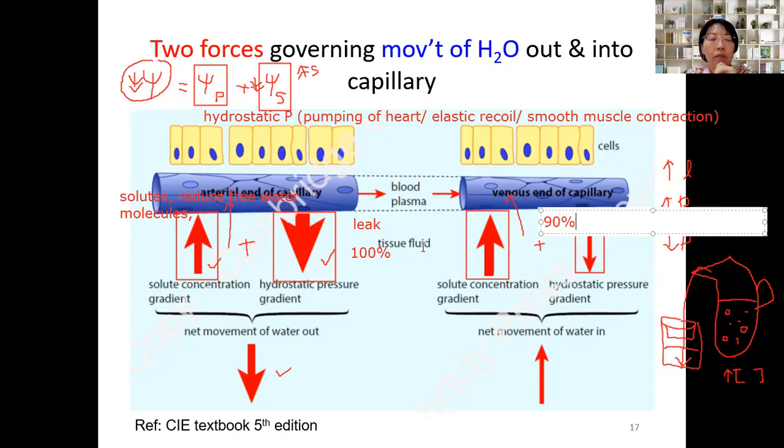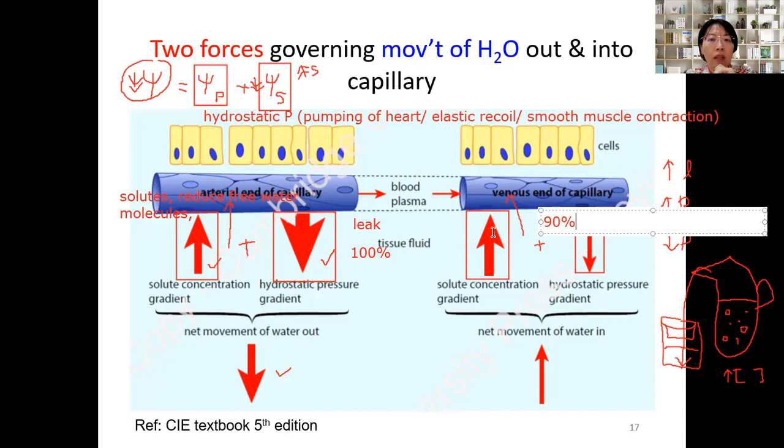Actually, both of them are driven by water potential gradient. But you need to describe that mainly this one is driven by hydrostatic pressure, and this one is mainly driven by the reduction in hydrostatic pressure and the increase in the concentration of the blood plasma due to large proteins that cannot come out.